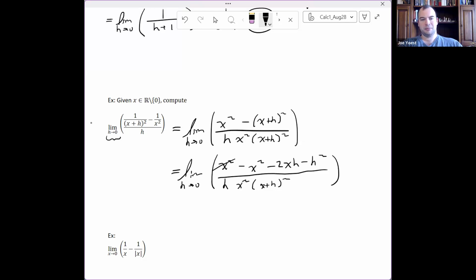I see my x squared minus x squared goes away. Everything that's left over in the numerator has at least one factor of h that we can divide out with that h in the denominator. So I have minus 2x minus h over, the h in the denominator went away, over x squared times (x plus h) squared.